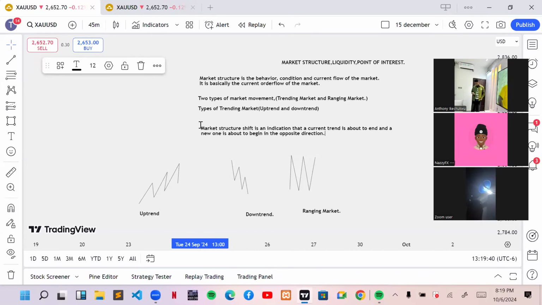It means it's an indication that a current trend is about to end and a new one is about to begin in the opposite direction.